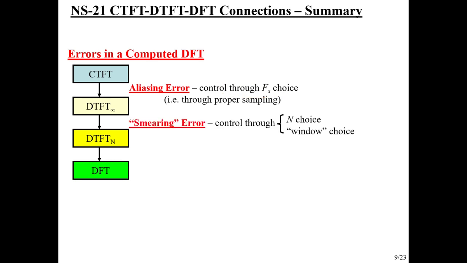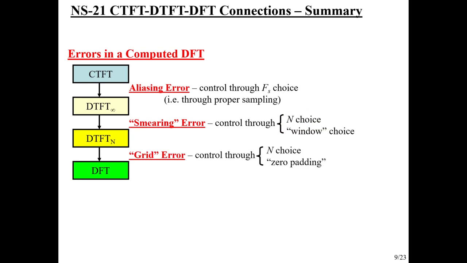Then we have smearing error, and we can control that through the choice of number of samples we collect. And so the more samples we collect, the less smearing there is going to be. But we've already said we may be limited with how many samples we can collect. So we might need to choose a window that is not a rectangular shape. And that's where we're heading. We'll see how to do that shortly.